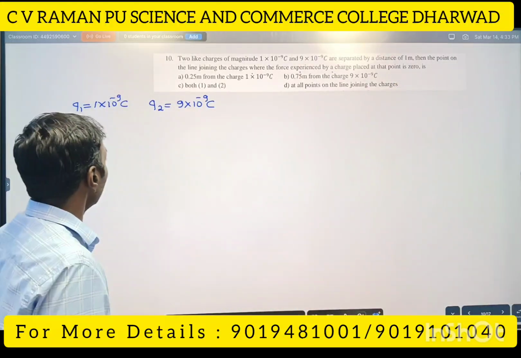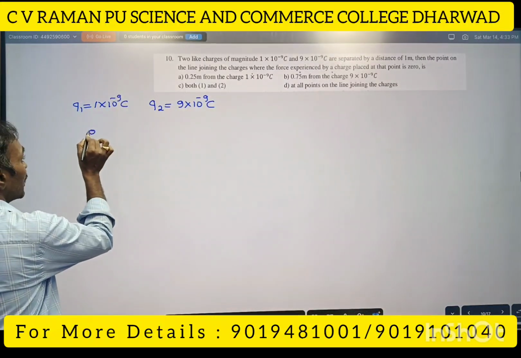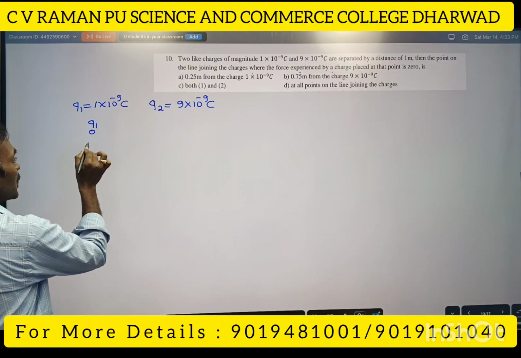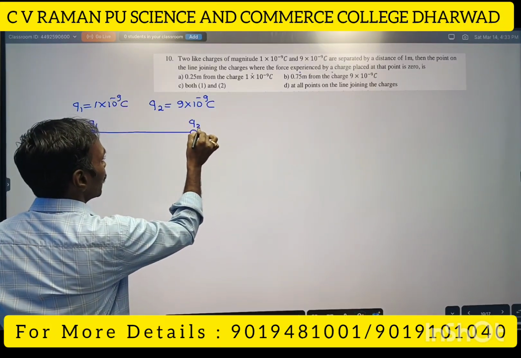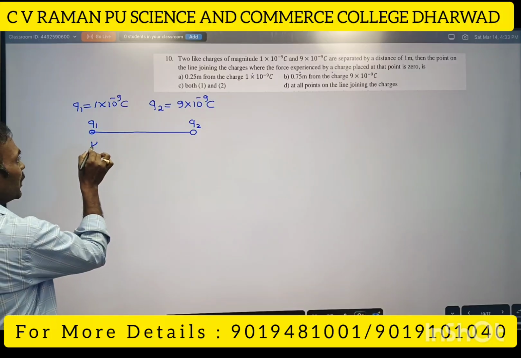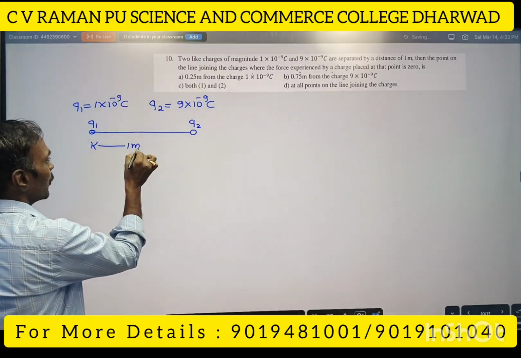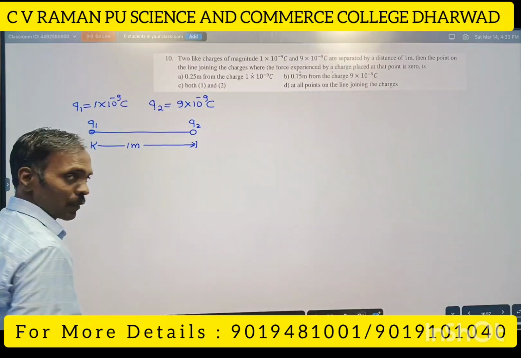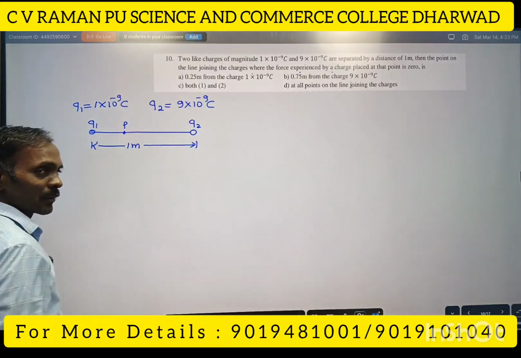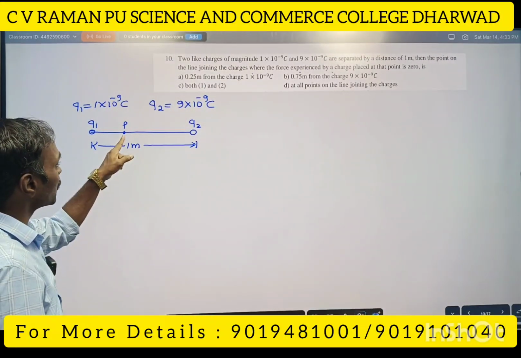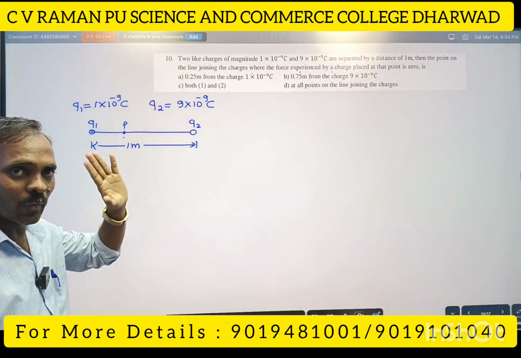What do you mean by this question? In this question, what are they asking? We have charge Q1 and we have another charge Q2. The distance between Q1 and Q2 is 1 meter. We have some point, let us say P. If I place any charge at this point, it will not experience any force.